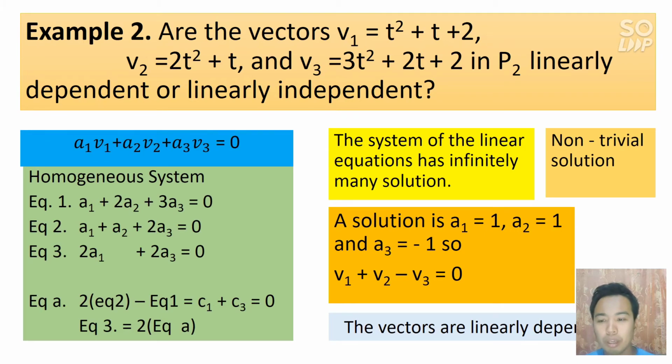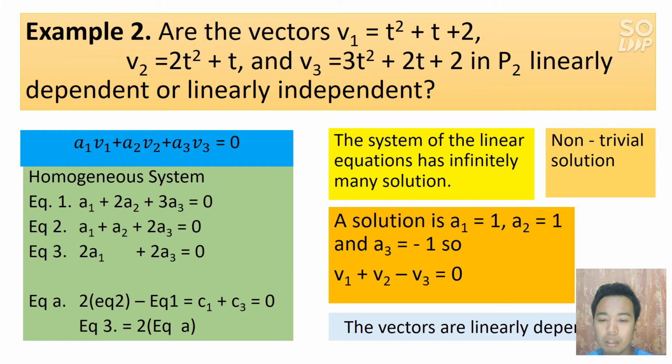Equation 2, a sub 1 plus a sub 2 plus 2a sub 3 is equal to 0, is being formed from the coefficients of the terms with variable t, and equation 3, 2a sub 1 plus 2a sub 3 is equal to 0, are the constant terms.